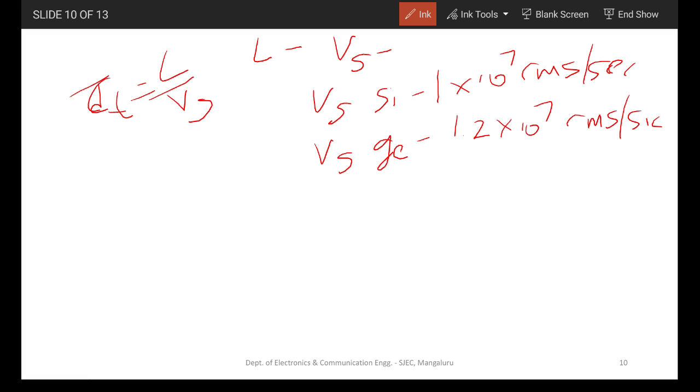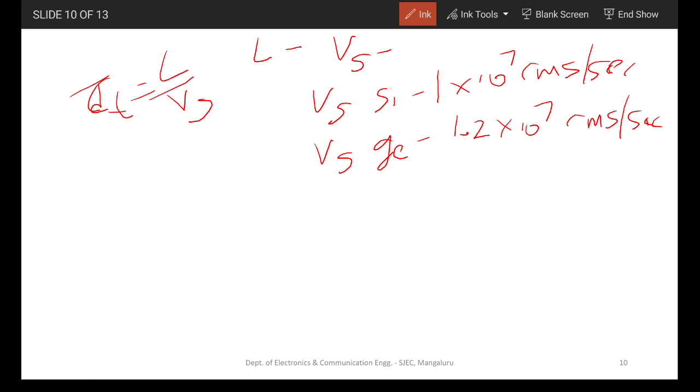This is helpful while doing the problems. So this is the limiting factor only in high frequency devices.